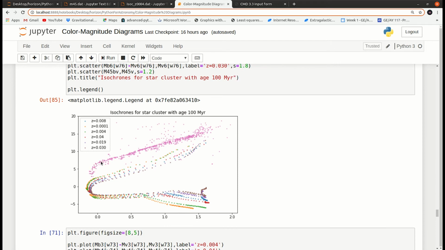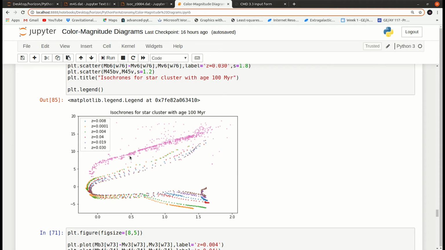This pink isochrone is actually the data, the color magnitude diagram of the Pleiades, M45, whereas these are the isochrones which you generated. You can obviously see there is a difference. The pattern is somewhat the same, only that it's shifted a bit.